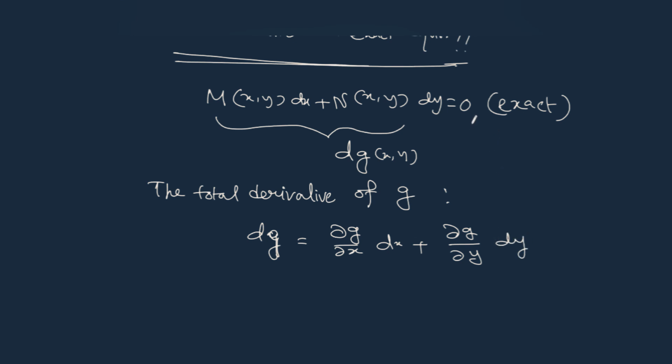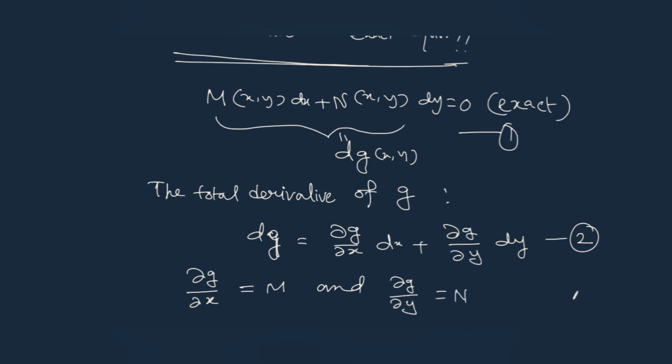So if we compare these two equations, equation 1 and 2, we can easily compare, and equivalently we will get that del z del x equals M and del z del y equals N.